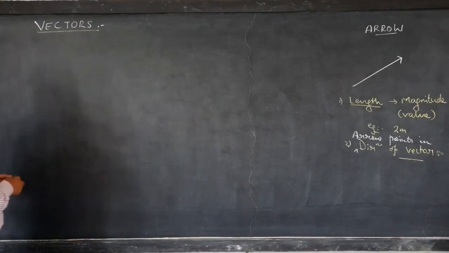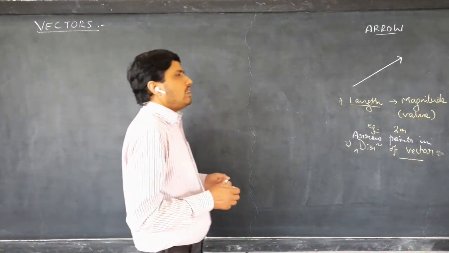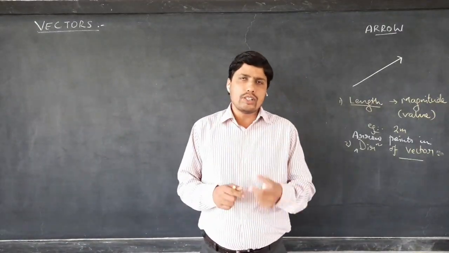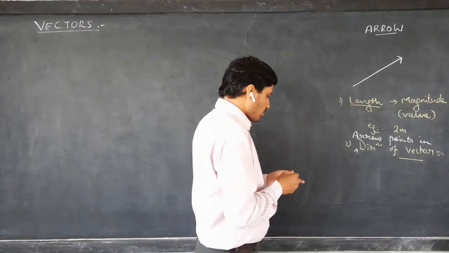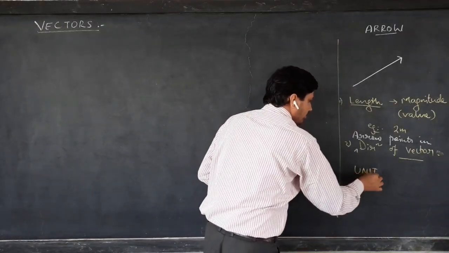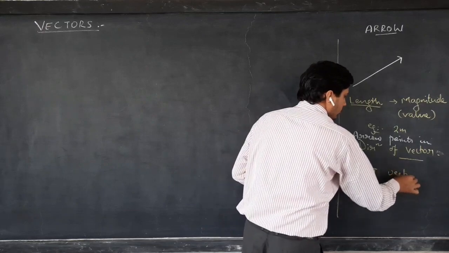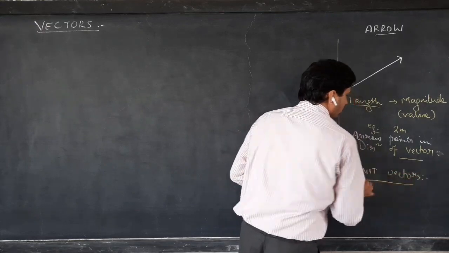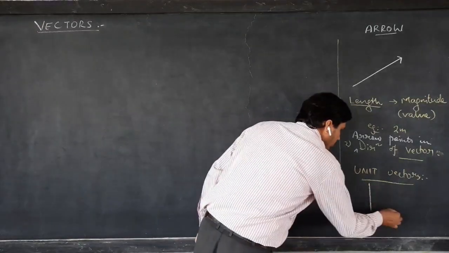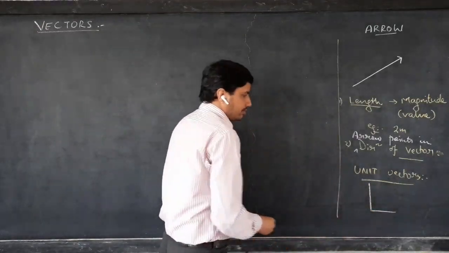Now, before we proceed further, if there be a vector whose magnitude is unity, we give a special name to them. They are called unit vectors. So we have x, y, and z axis.